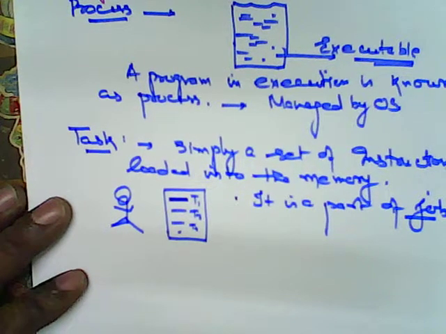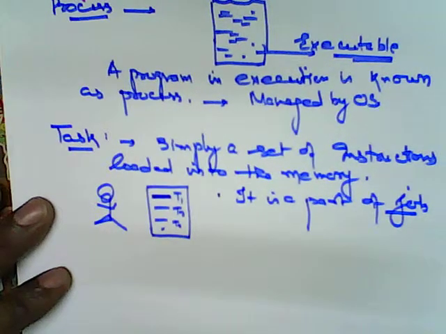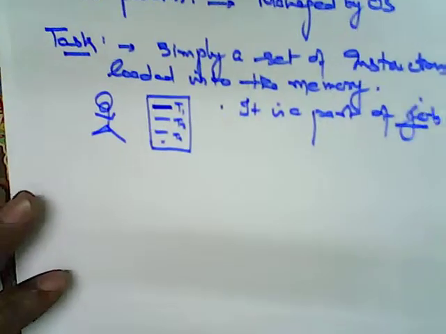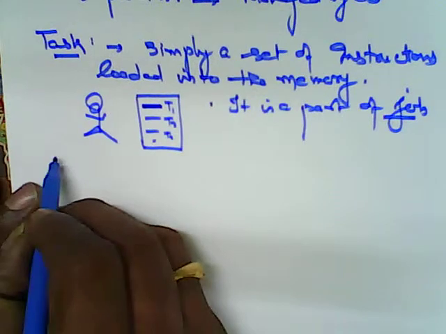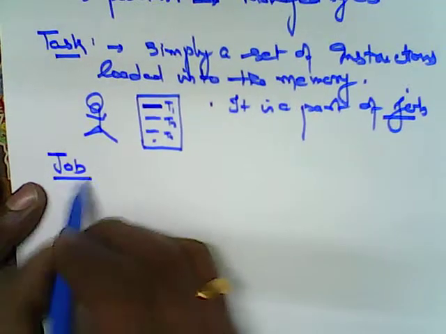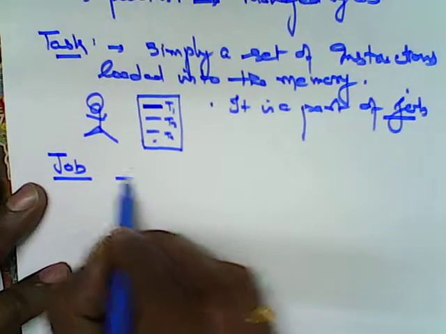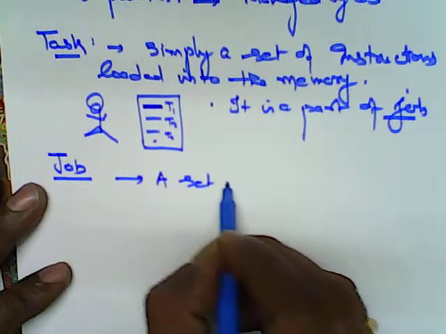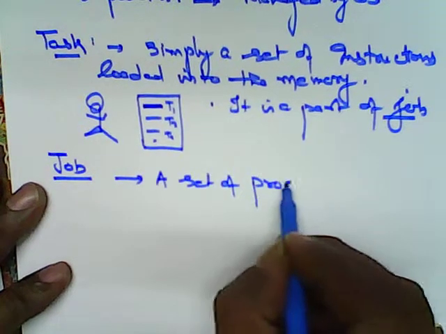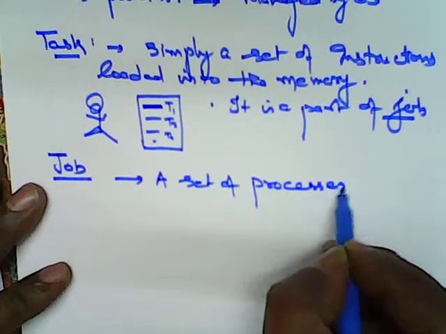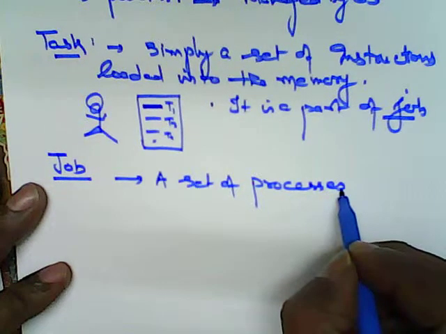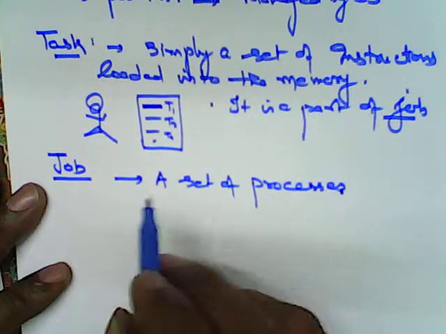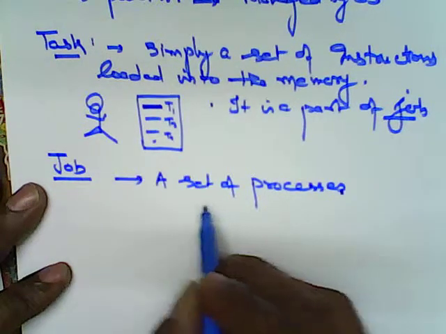The next term we use is the word job. What is a job? A job is nothing but a set of processes that are carried out in the form of tasks.